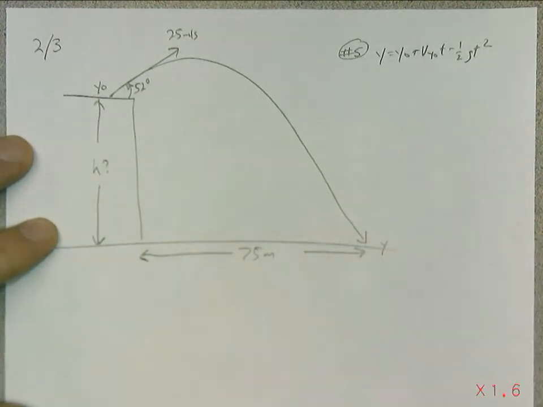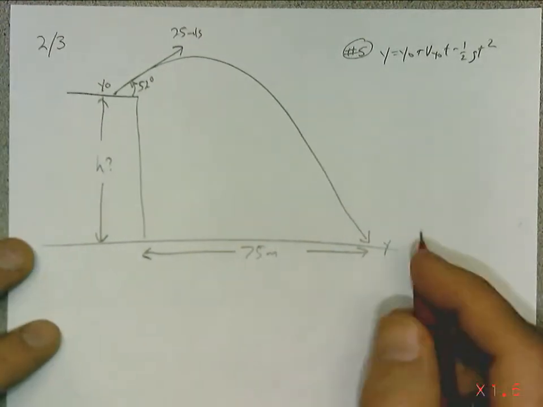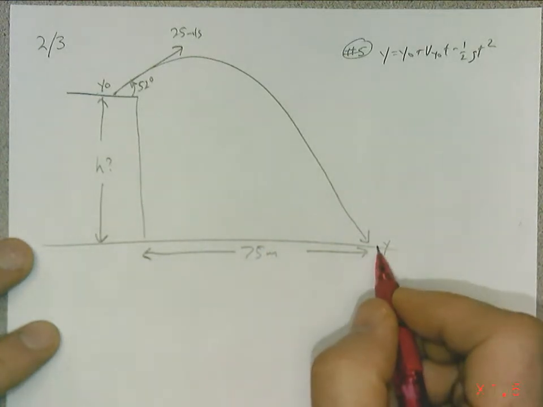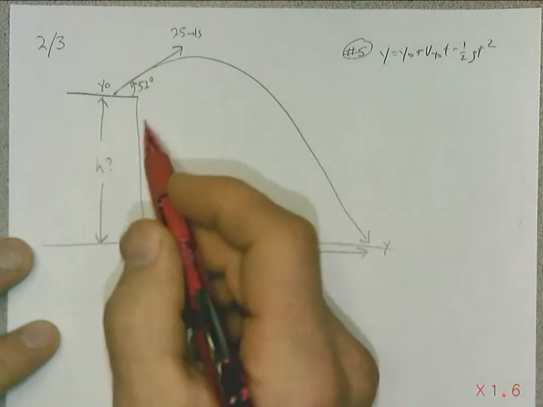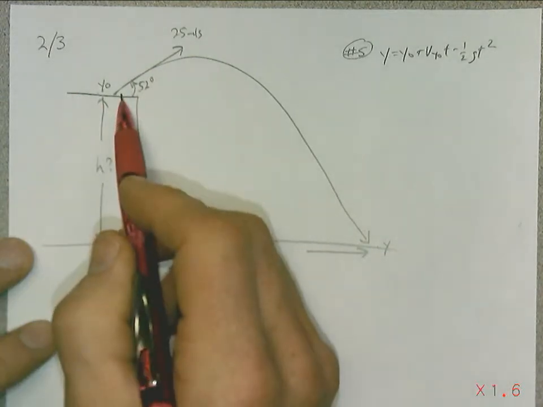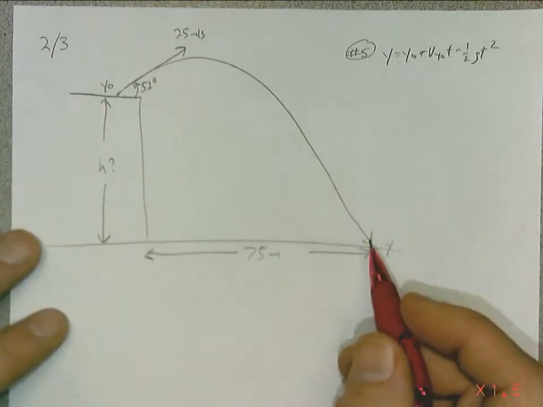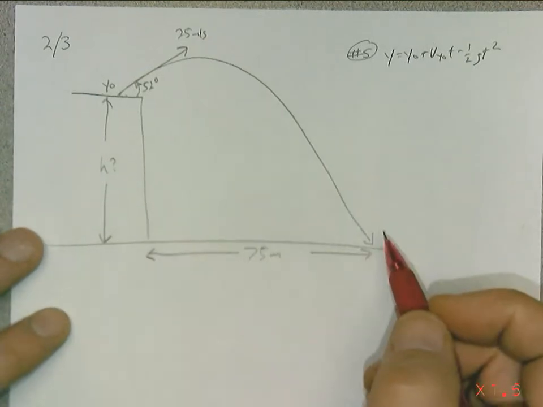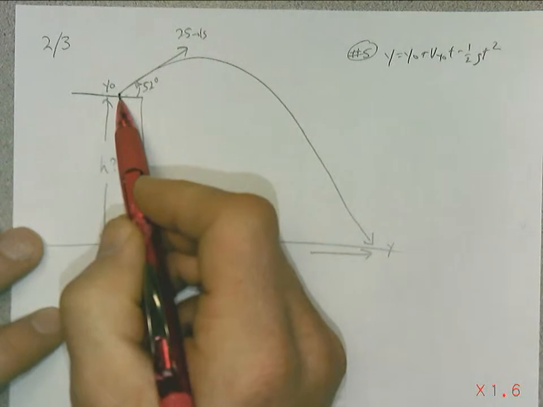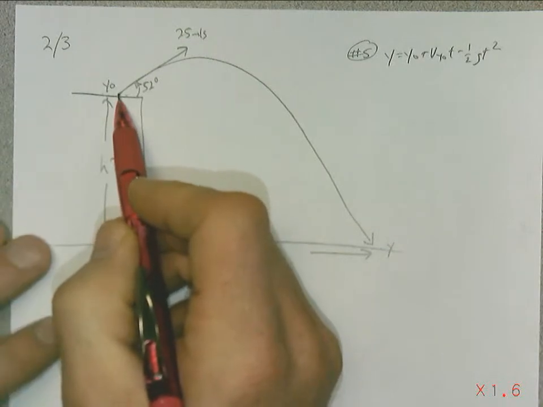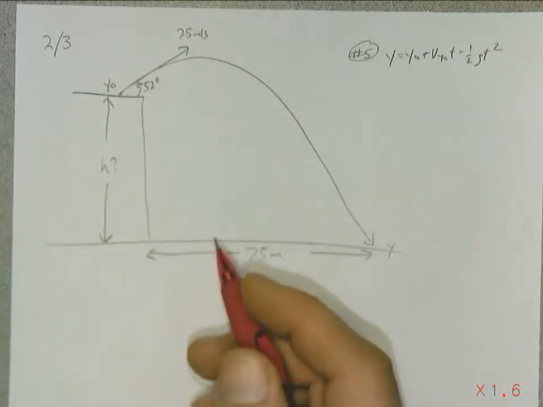And then this would be y, the final position. You could say this is y0 being 0, like 0 meters, and this is y. You could flip it around like that, but it doesn't matter if you're consistent. I just like to start my problems with my initial position being the starting point.